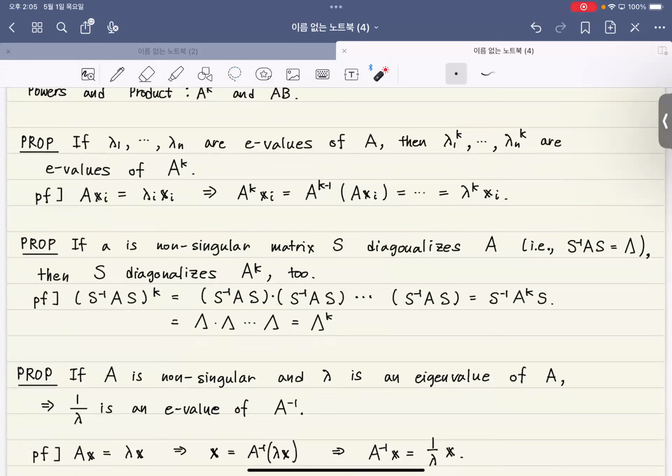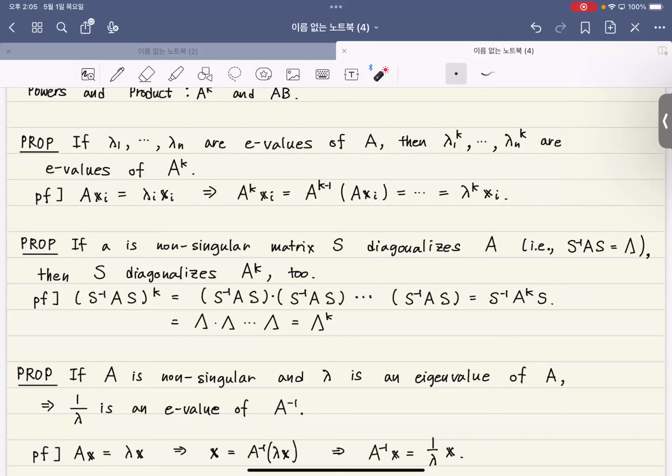Next, let me correct myself. A is a diagonalizable matrix, diagonalized by the non-singular matrix S. So S inverse times A times S is some diagonal matrix.